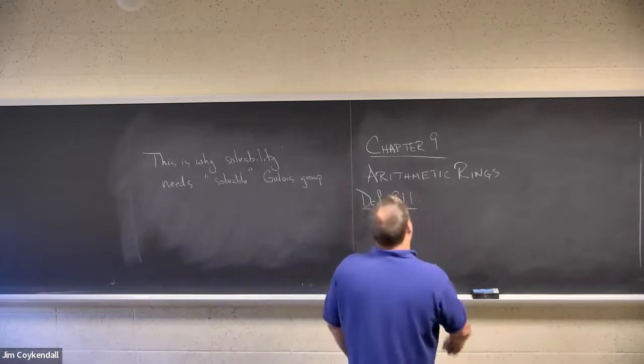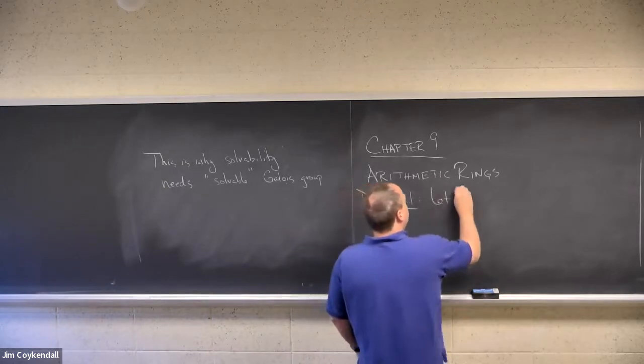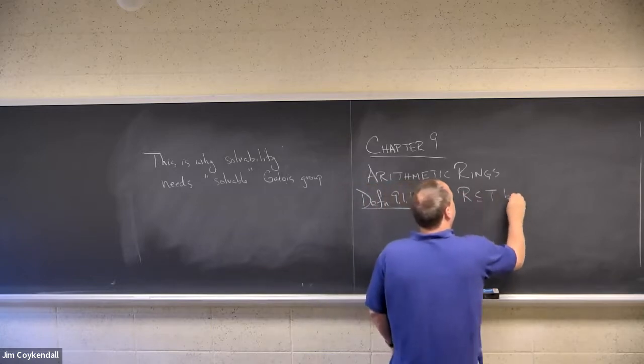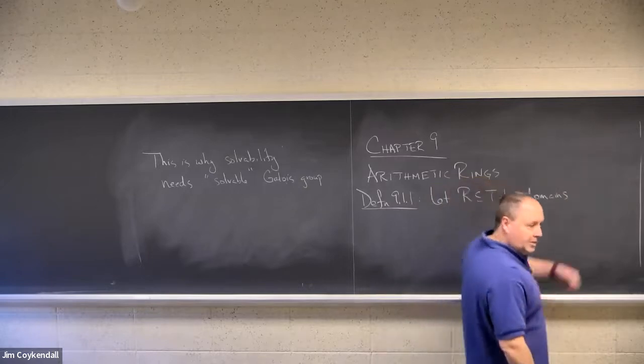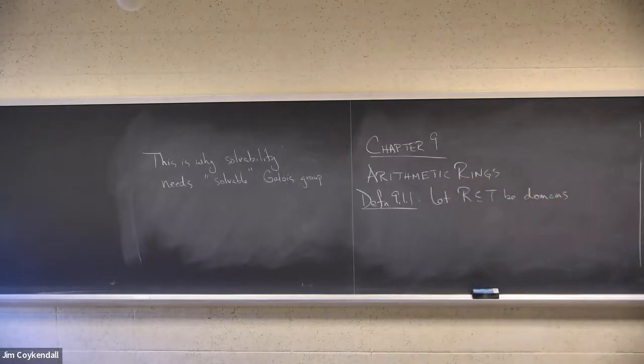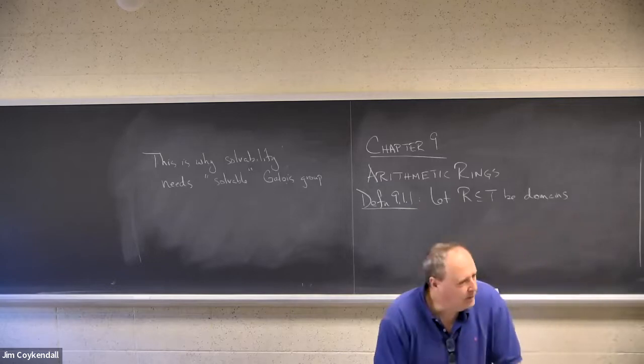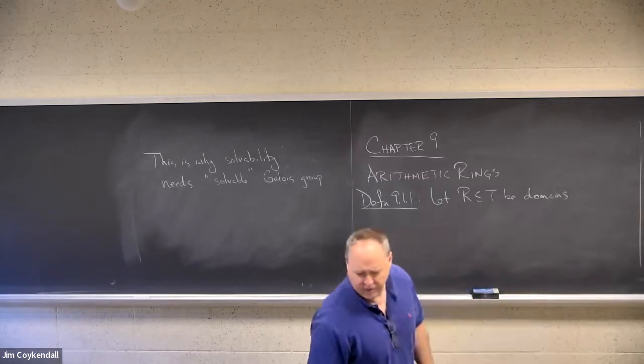I'm going to do this in domains. Since this isn't a commutative algebra course yet, I'm going to do this a little bit more specialized. You can generalize this to rings that aren't domains. But we will assume that we've got a commutative ring with identity and no nonzero zero divisors.